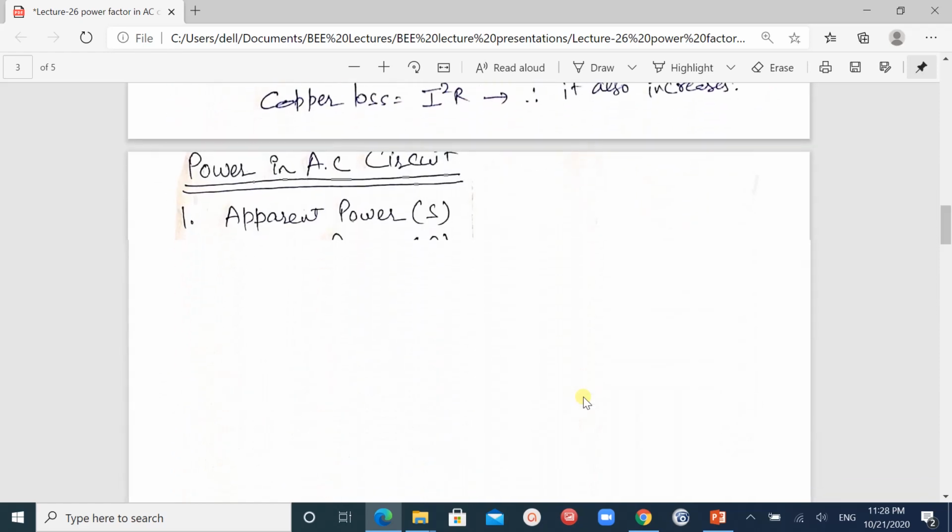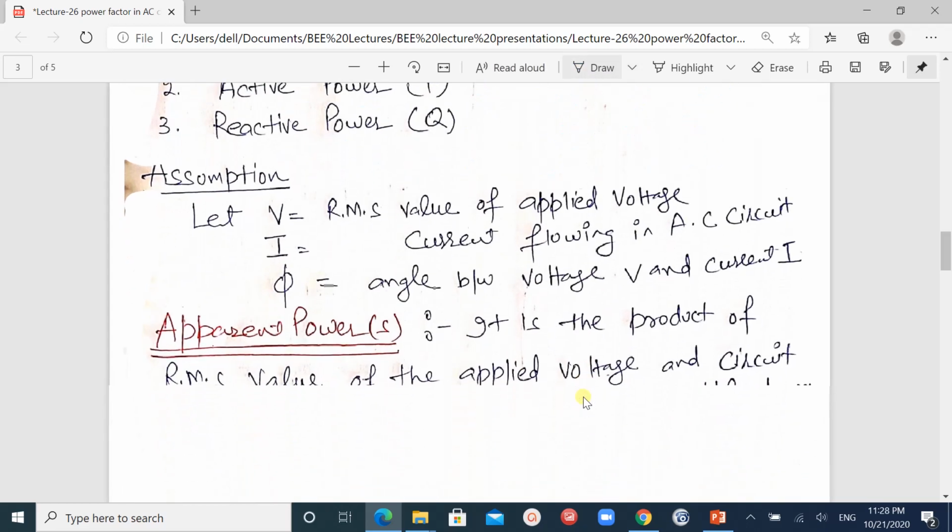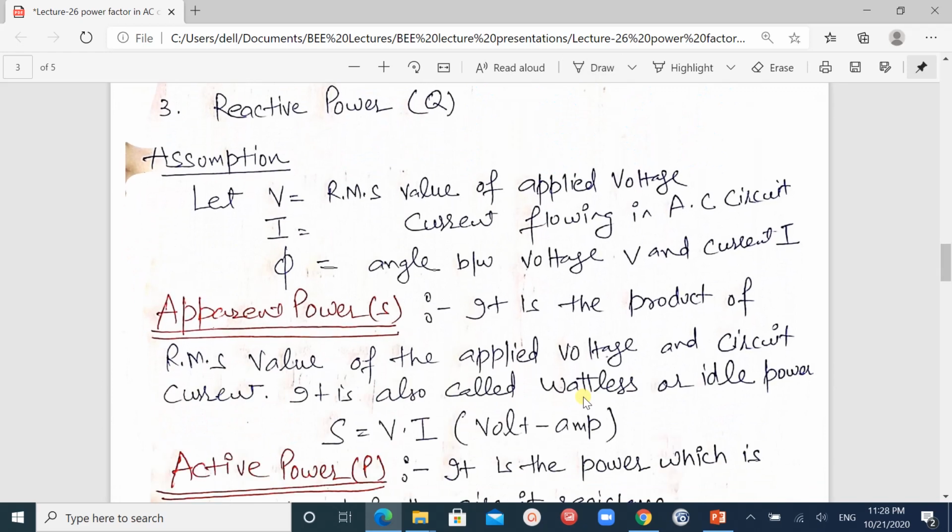Now the different powers in the case of AC circuits. We have three powers in AC circuits. The first one is apparent power, denoted by S, then active power, denoted by P, and the reactive power, denoted by Q. To discuss all these powers, we have a few assumptions.